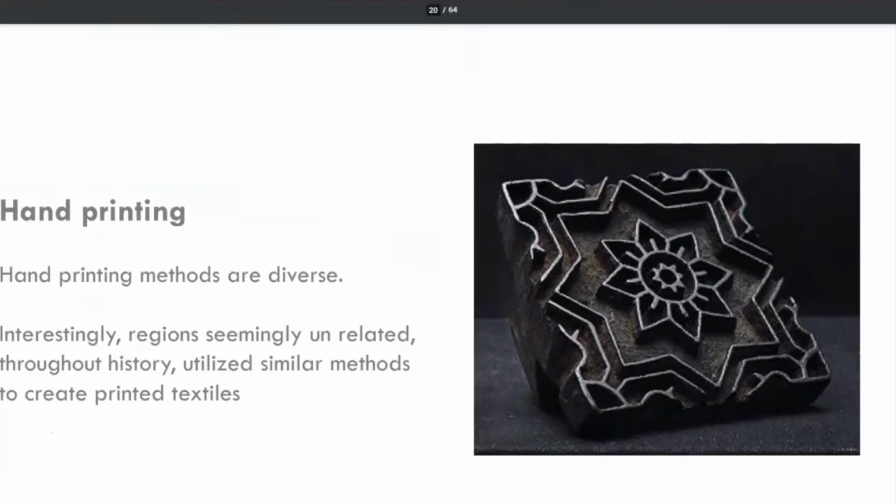And what's interesting, in regions seemingly unrelated throughout history, different cultures often utilized similar methods to create printed textiles. So cultures, times, and places that have never connected have found ways to print onto textiles in very similar manners. And I always find that very interesting.